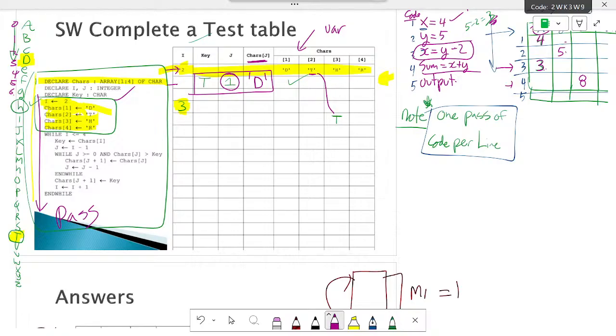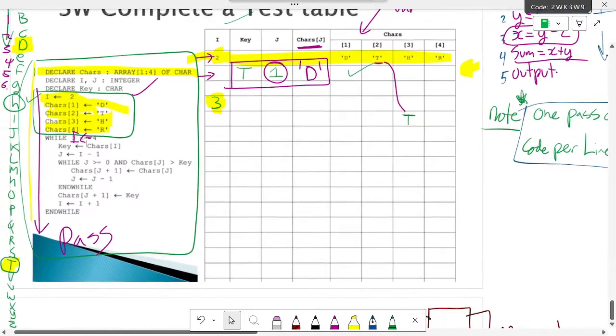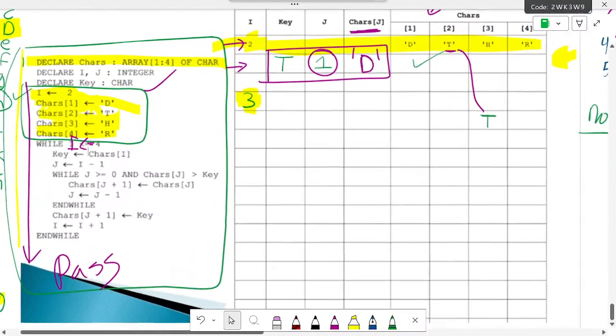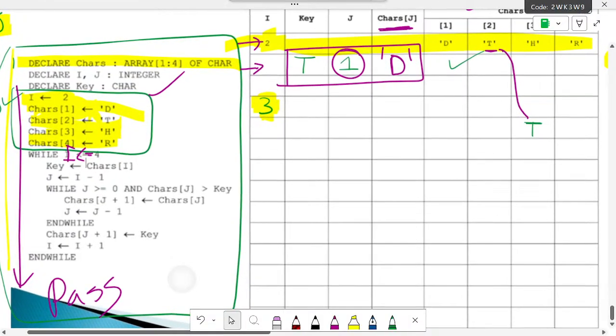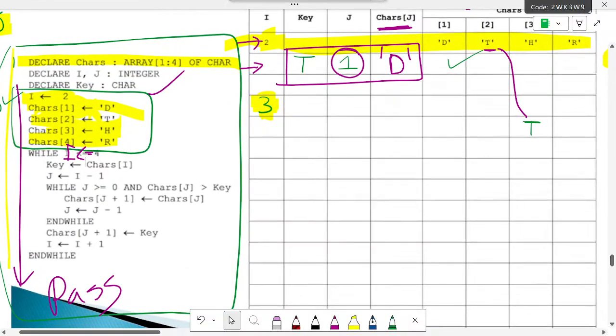Right here, look at your own piece of paper, we have a while loop. It says, while I is less than or equal to 4. Is I less than 4 there, Ched? What is I equal to? I equals 2.